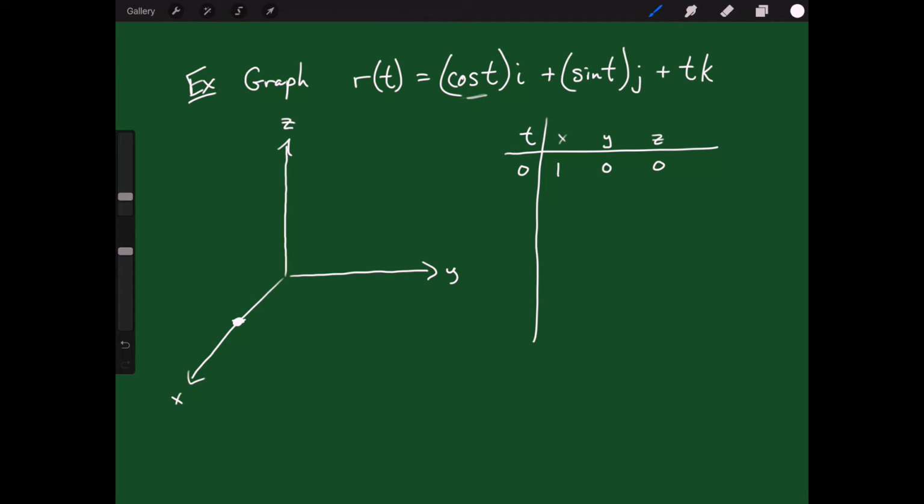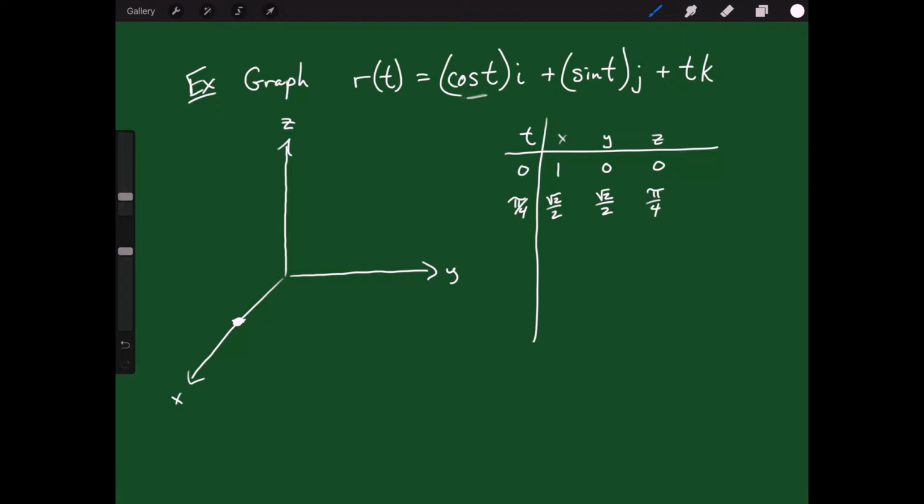Okay? So now let's plug in another value for t. Let's say, just for fun, let's plug in pi over 4. Okay, so cosine of pi over 4 is root 2 over 2. Sine of pi over 4 is root 2 over 2. And then, of course, I'd get pi over 4 for z.